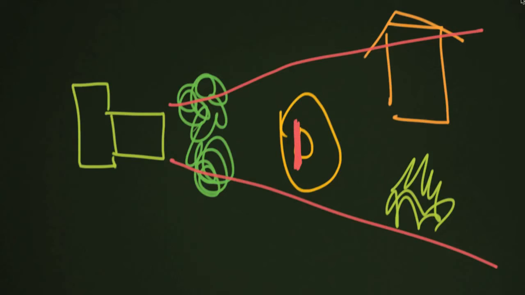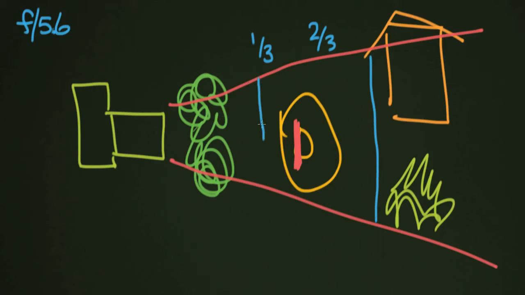Now your focus, if you have an f-stop of maybe like f5.6, which is a very common f-stop, is going to be 1/3 in front of the subject and 2/3 behind. You're going to have a little bit more space behind than in front until you get to longer lenses, and then it evens out to 50-50.